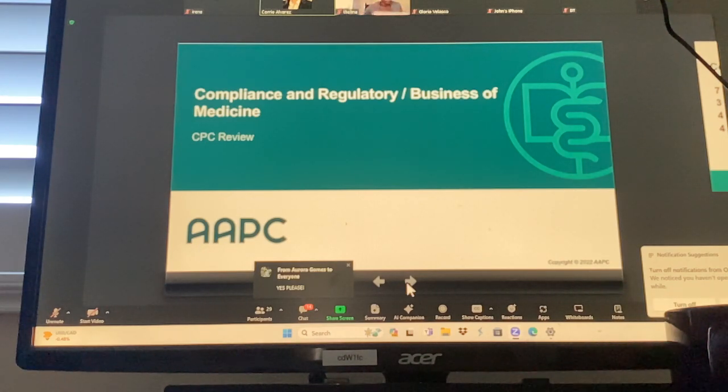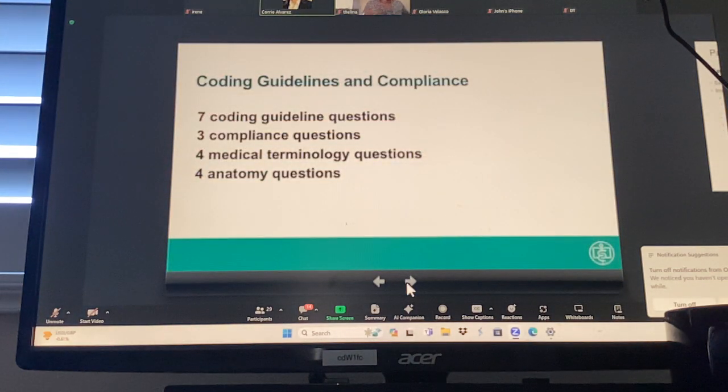All right, so the test is separated into different chapters and sections. The first section that we're going to be reviewing is compliance and regulatory questions. This tests your knowledge on things like Medicare, the different parts of Medicare, payment policy, fraud and abuse, HIPAA, ABNs, things like that. In this section, there are 18 questions.